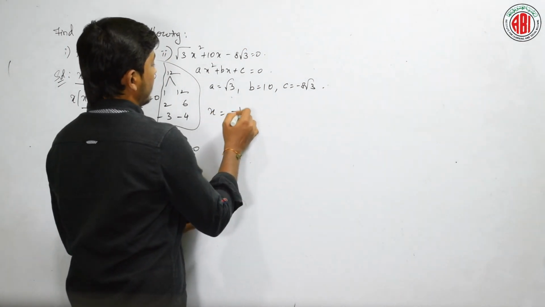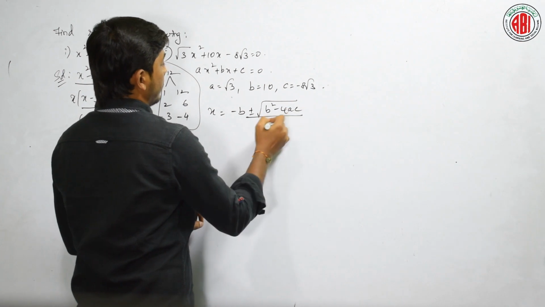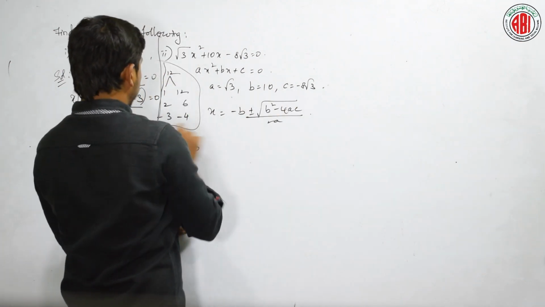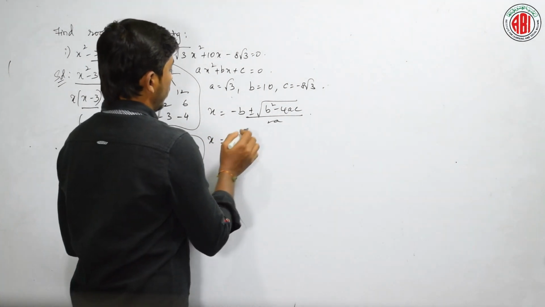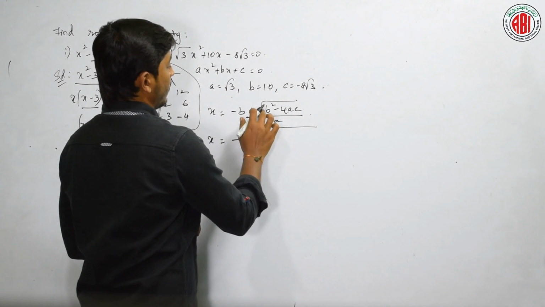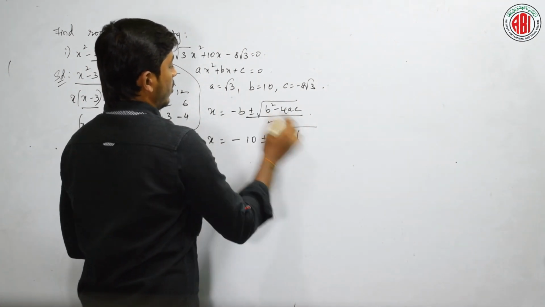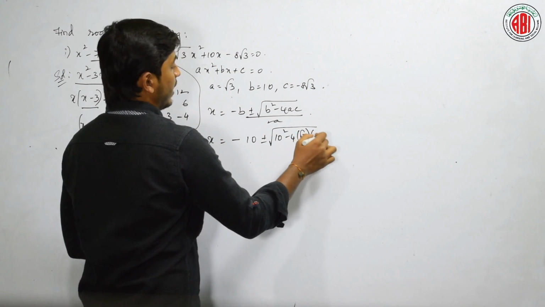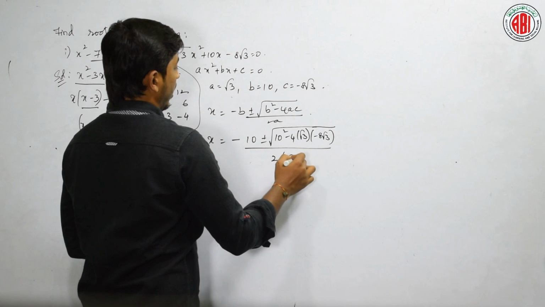Formula is minus b plus or minus under root of b square minus 4ac by 2a. Yes. Okay, let us substitute it. X is equal to minus, what is b? 10 plus or minus under root of 10 square minus 4 into root 3 into minus 8 root 3 divided by 2 into a.